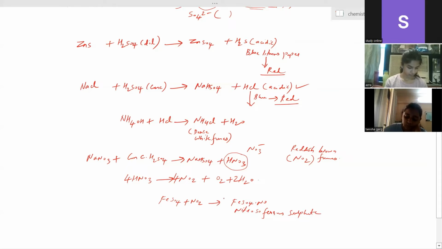But what about sulfate? How will we detect sulfate ion? Sulfate can't be detected with dilute sulfuric acid and conc sulfuric acid. So how will we detect sulfate ion?